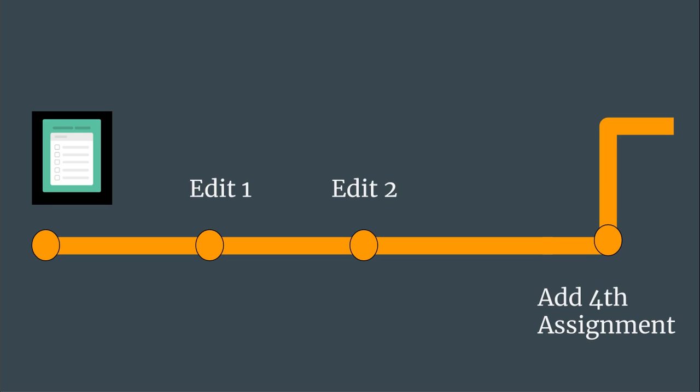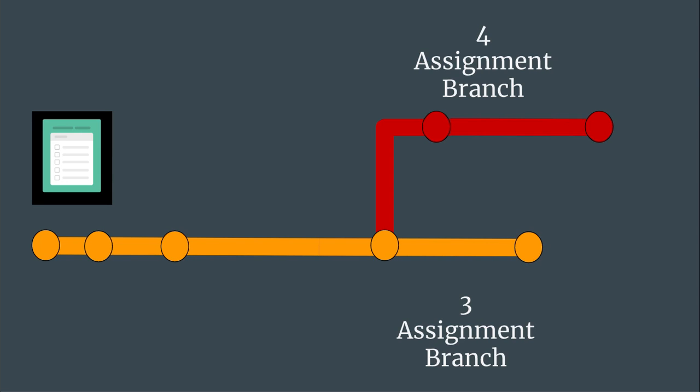And again, both versions exist. So now we have a version of the document that has 3 assignments, and we have a version of the document that contains 4 assignments. So it looks something like this. Now, this is where Git is different.